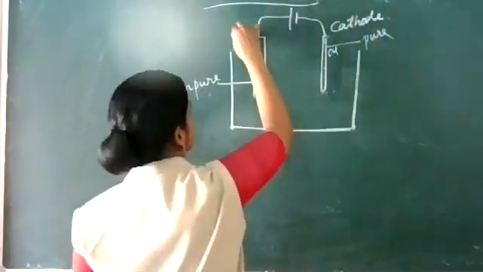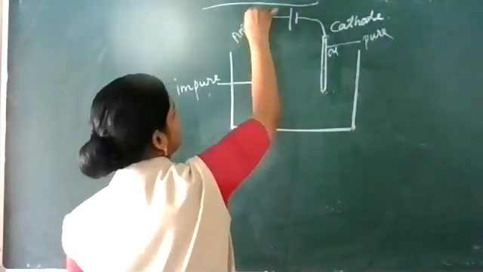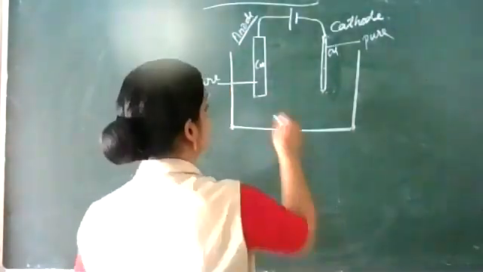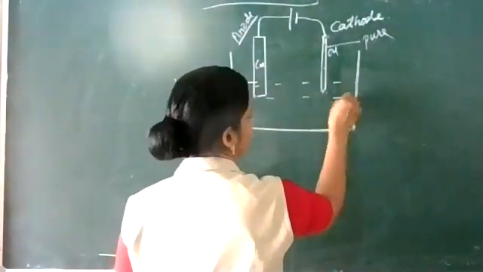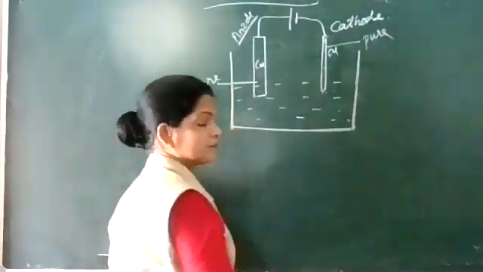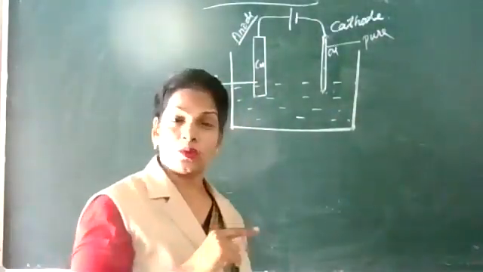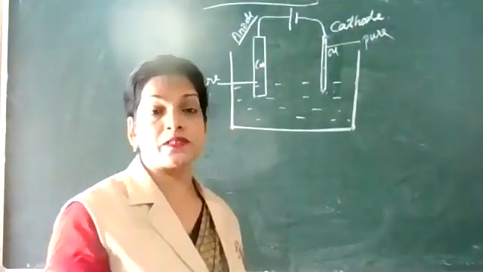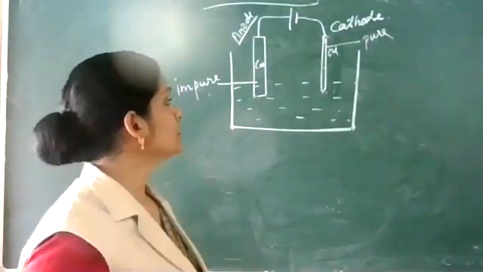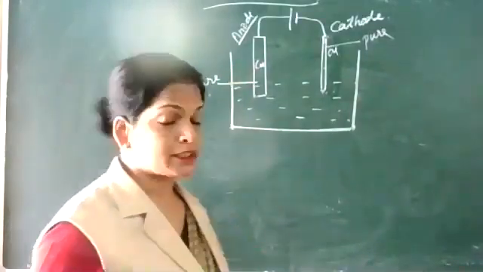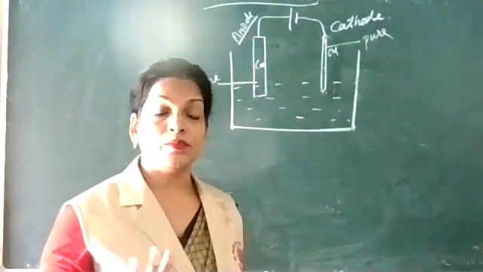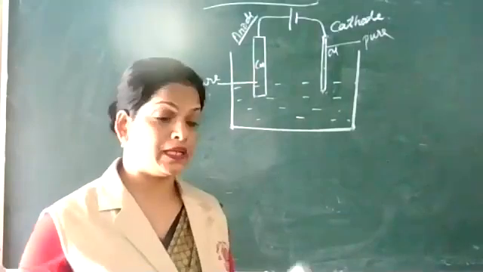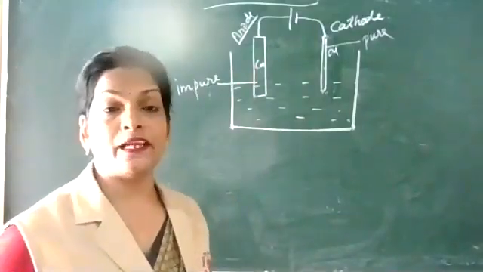and positive electrode. Anyway, whether it is an electrochemical cell or an electrolytic cell, at anode, oxidation. Whether it is that old electrochemical cell where chemical reactions produce electricity, or electricity produces chemical reaction, in both cases, oxidation will take place at anode.